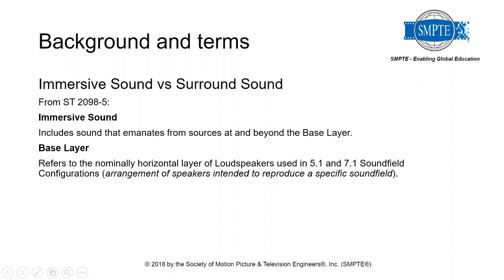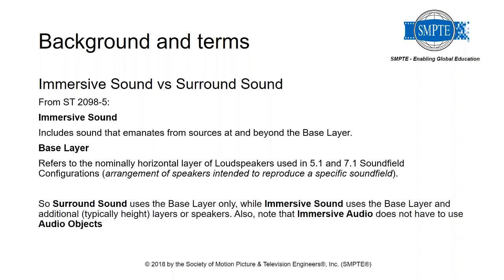That refers to the nominally horizontal plane of loudspeakers used in 5.1 and 7.1 configurations, here called sound field configurations, which is an arrangement of speakers intended to reproduce a specific sound field. So basically, surround sound uses the base layer, and immersive sound builds upon that by typically using height layer speakers. Also note that immersive sound does not have to use audio objects. In other words, you can have channel-based immersive sound.